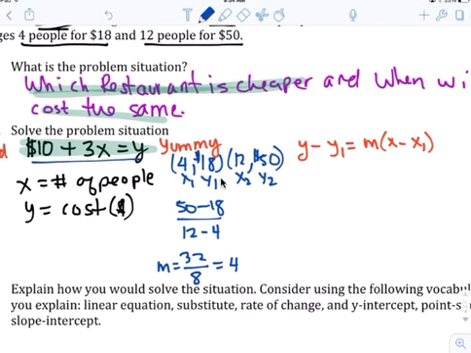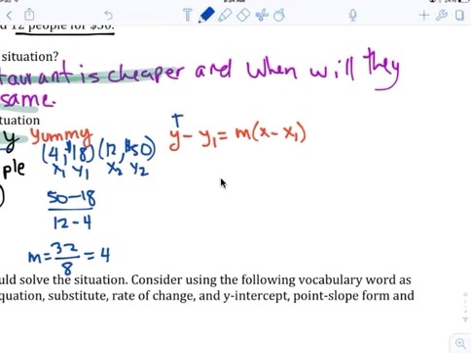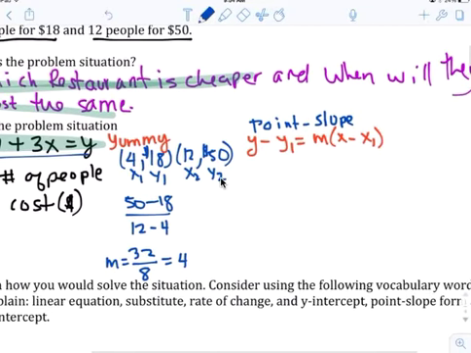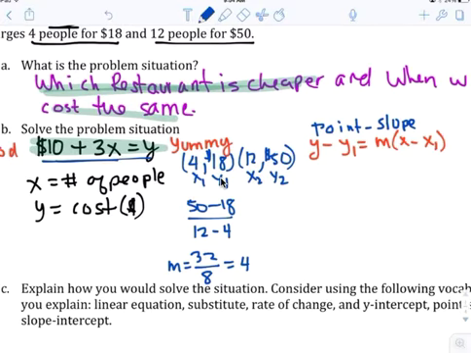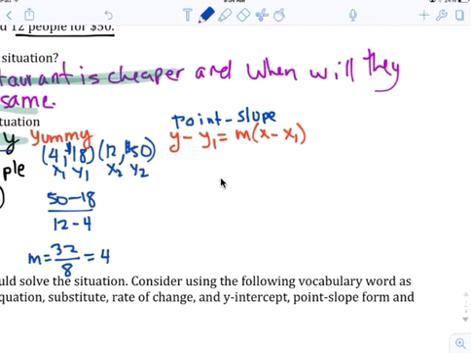This is called slope-intercept form. Most of you have no problem with slope-intercept form equations. This is point-slope. We're using the point-slope formula, that word right there.